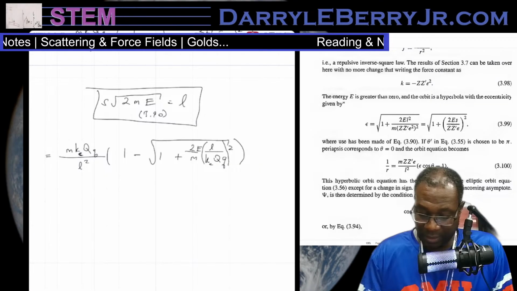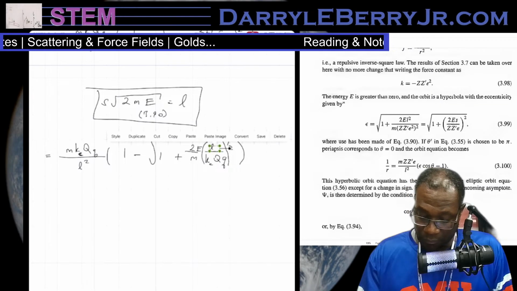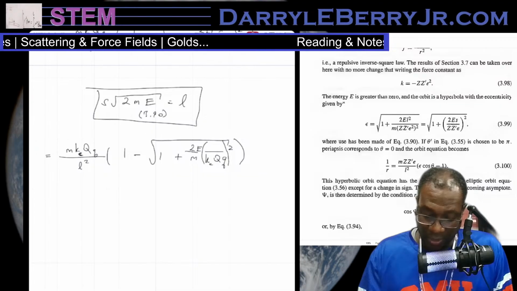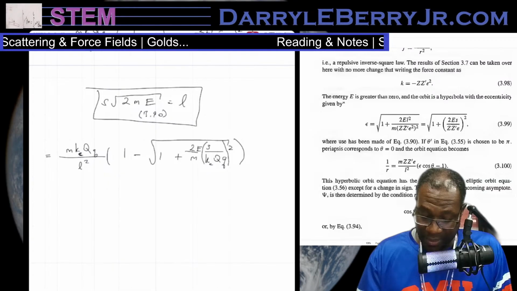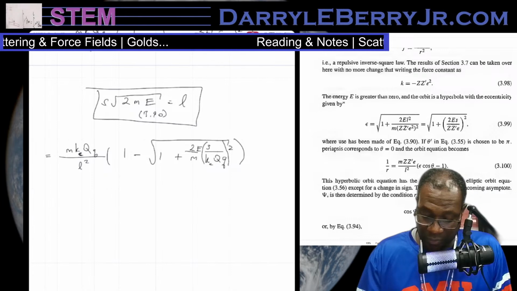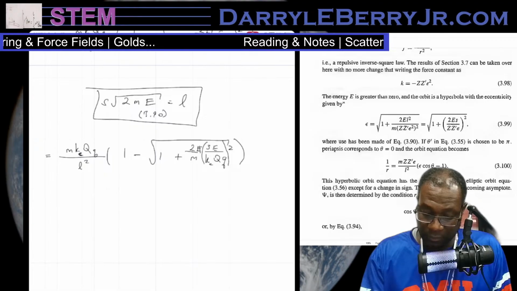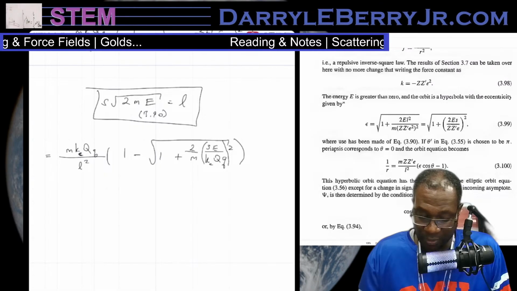Right, so I'm going to take L away. And now I'm going to have E squared, because E, when it comes out of the square root, it will multiply with that one.